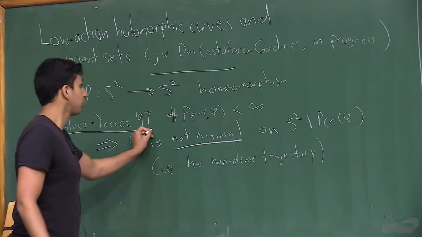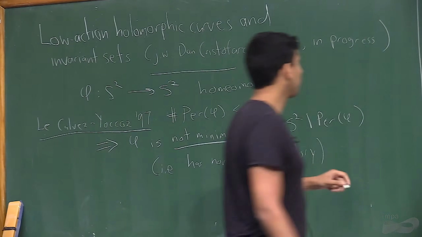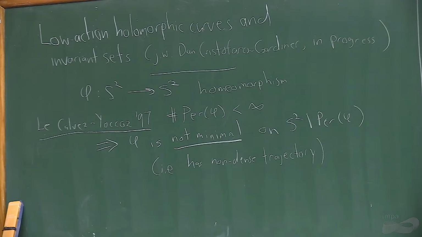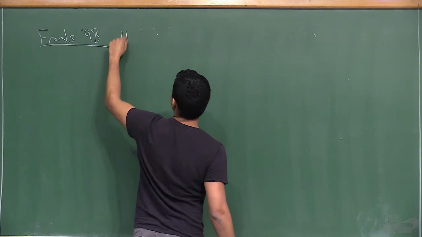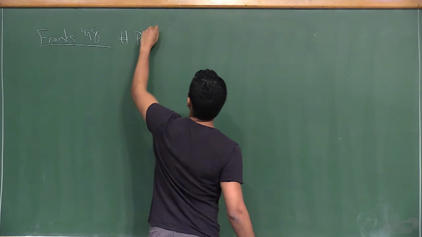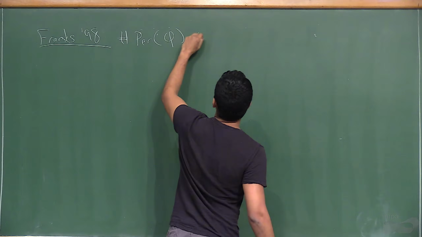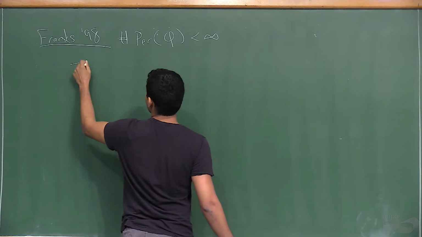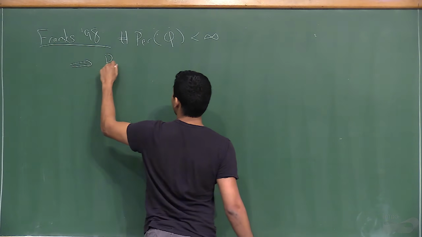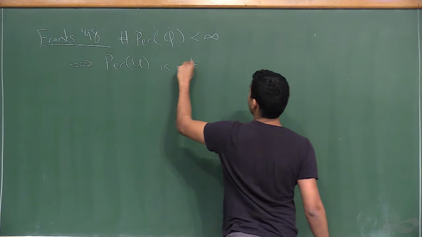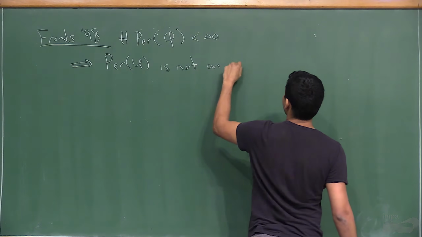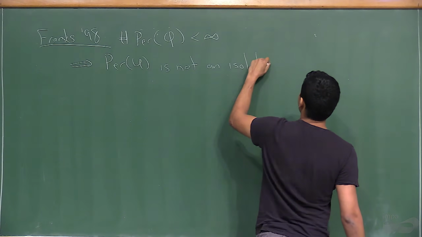And shortly after this, Franks came up with a different proof in 1998 of a slightly stronger statement, which is, if you have the same hypothesis, that the number of periodic points is finite, then the set of periodic points is not an isolated invariant set.